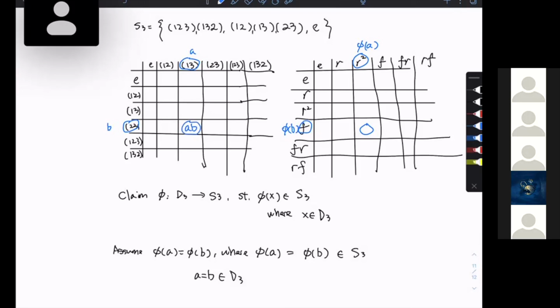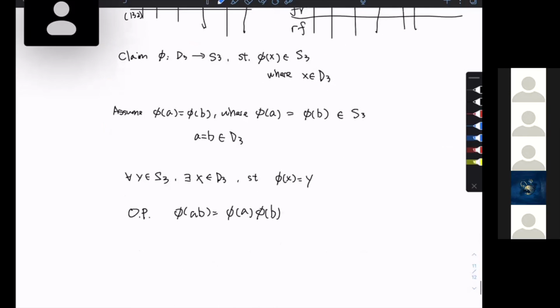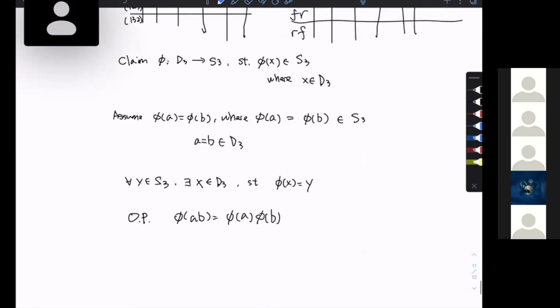So psi AB just has a relationship with this right-hand side table cell. So this also validates the operation preserving quality.